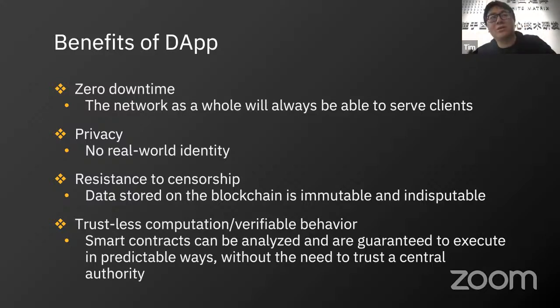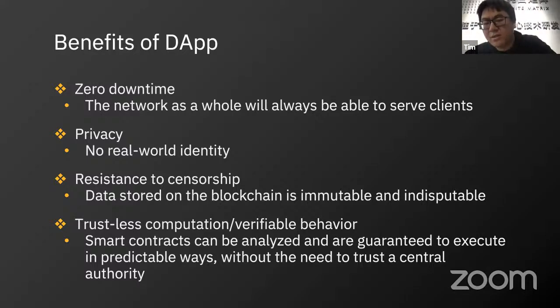And it's also totally private, so there's no real-world identity involved. It's also resistant to censorship, so that data stored on the blockchain is immutable and indisputable. And it's trustless computation with verifiable behavior, so that a smart contract can be analyzed and guaranteed to execute in predictable ways without the need for a centralized authority.